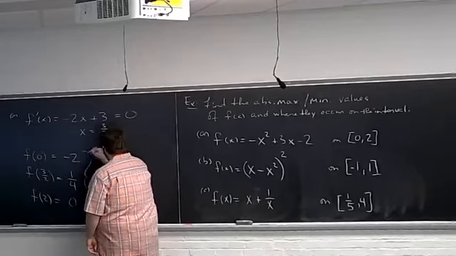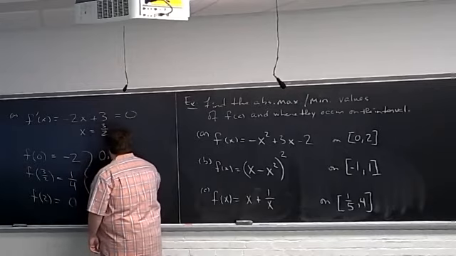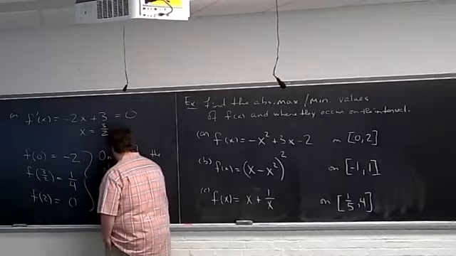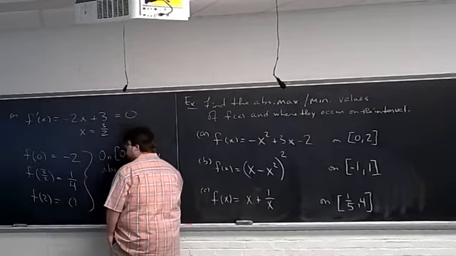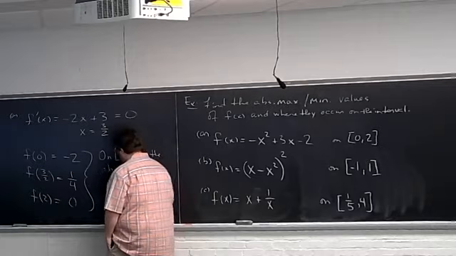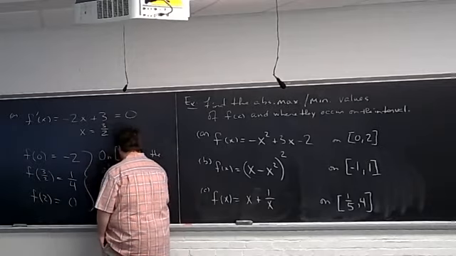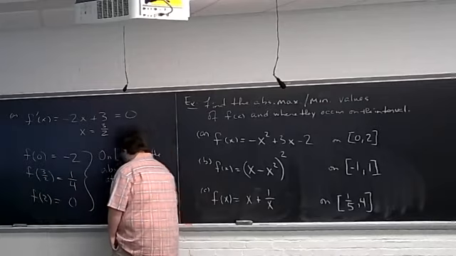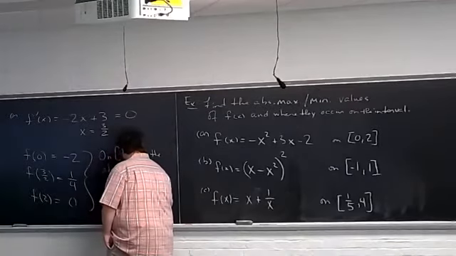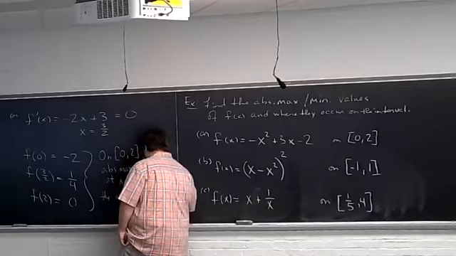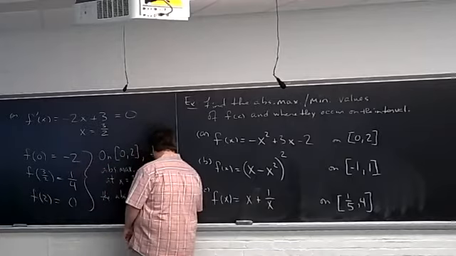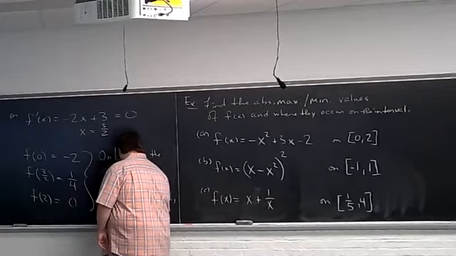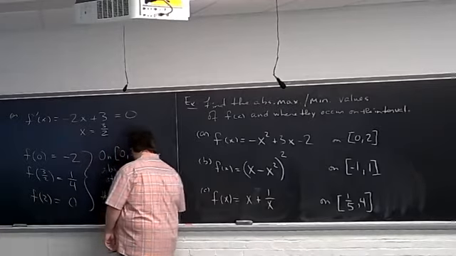So maybe I'll say on 0 to 2, the absolute maximum is 1/4, and it occurs at x equals 3 halves, and the absolute minimum is the smallest, which is negative 2, and that occurs at x equals 0.